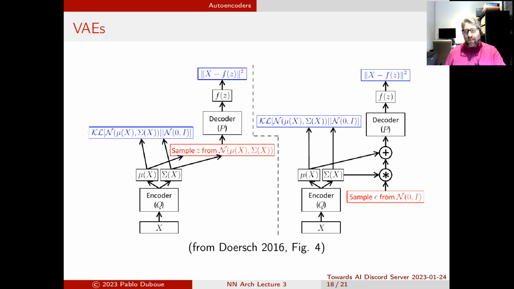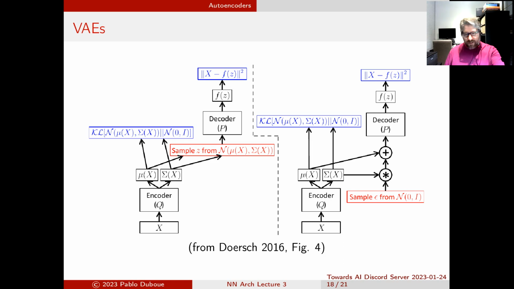In that sense, the decoder is more similar to the generator in a generative adversarial network. It takes this stochastic noise and produces samples from there. So the encoder finds these mu and sigmas for a given training sample.